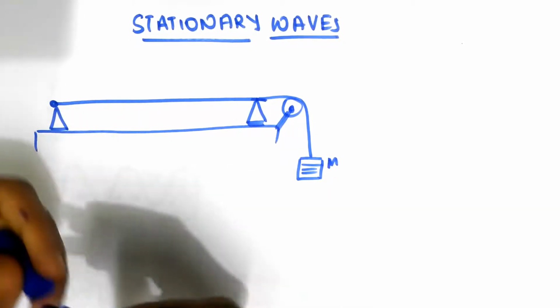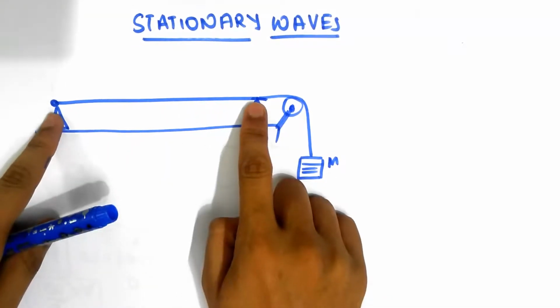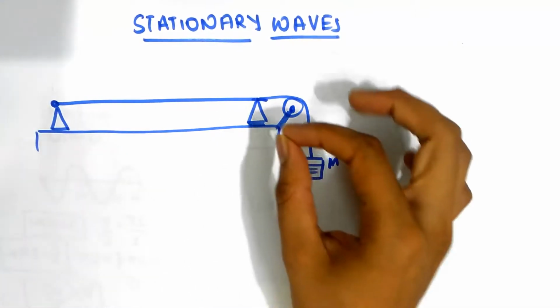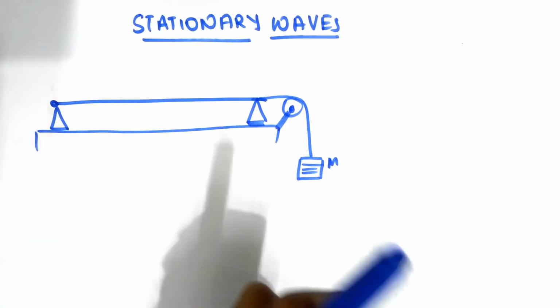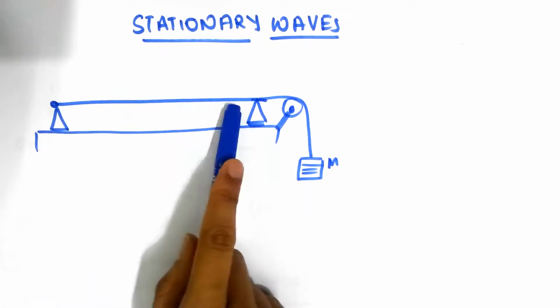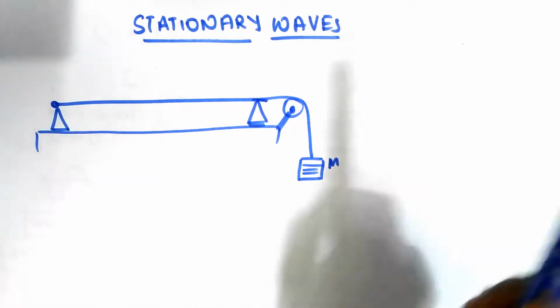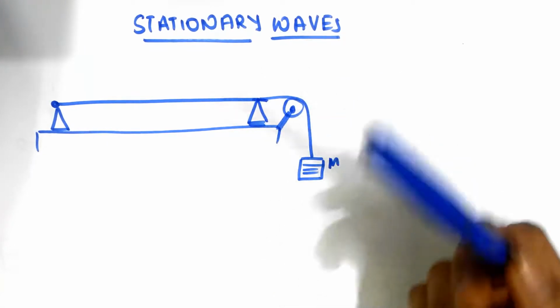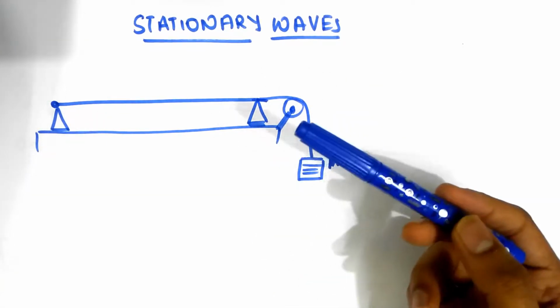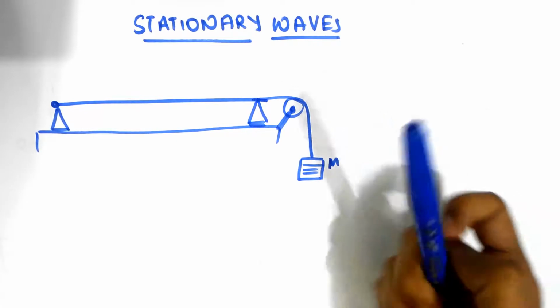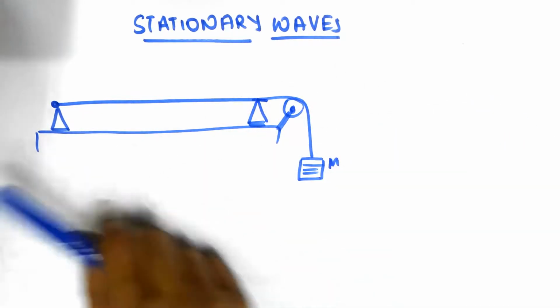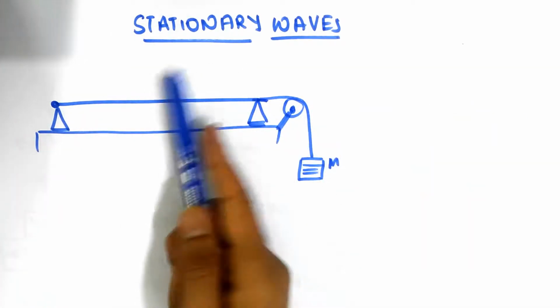Anyways, if I have a string that is clamped at two ends, you can generate stationary waves in these strings, but you cannot generate stationary waves of any frequency. With traveling waves, you have the choice to select your own frequency. You are the source, so you decide the frequency. Turns out that doesn't work with stationary waves.